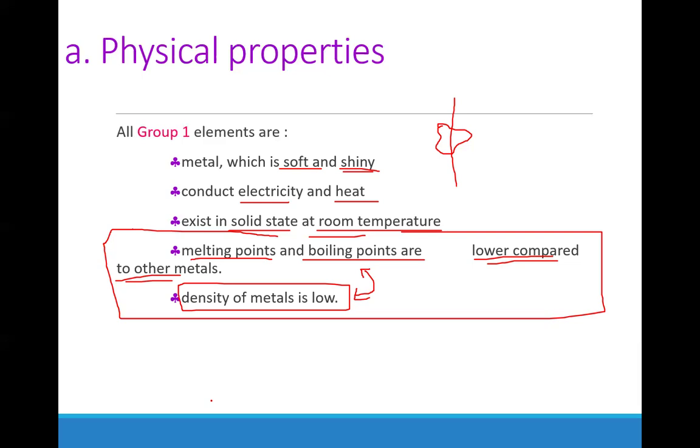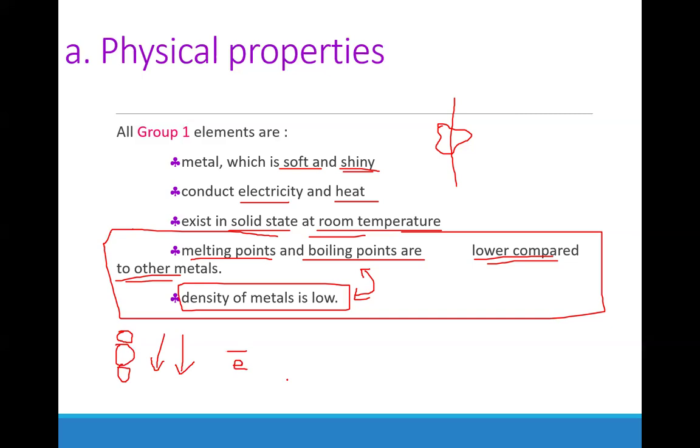So obviously, when you are at the extreme left of the periodic table, your proton numbers are low, okay? Your electron numbers are very low, of course, and that's why you don't have a very strong electronic cloud.